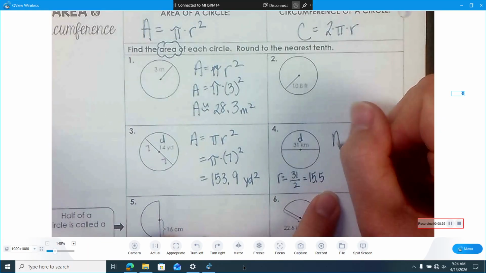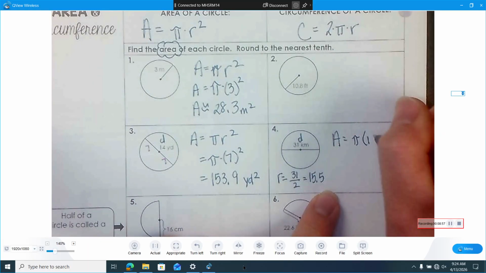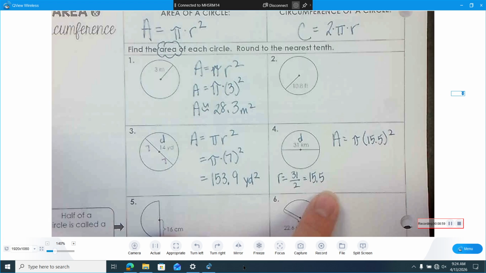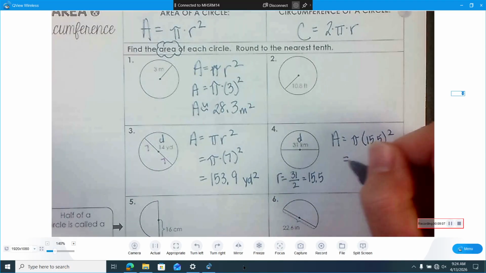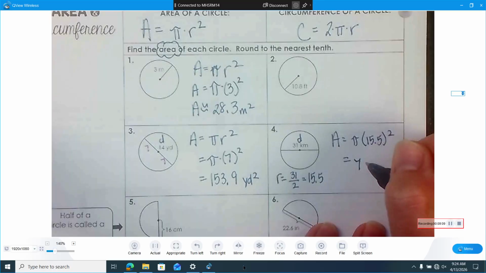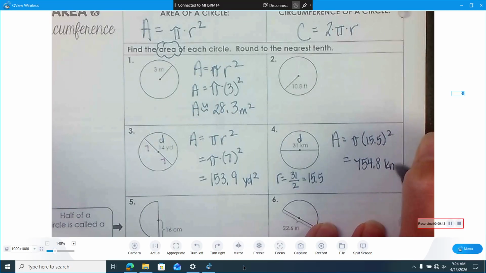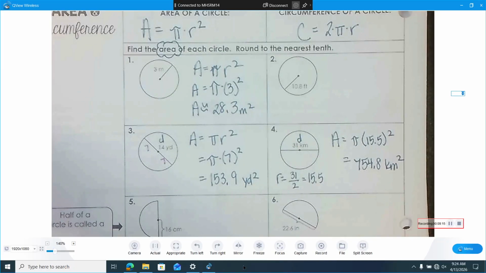All right, so the area is pi times radius squared. So pi times 15.5 squared. Ladies and gentlemen, when you're doing this stuff, this is all you have to write down, and then your answer. 754.8, and we're talking kilometers squared.